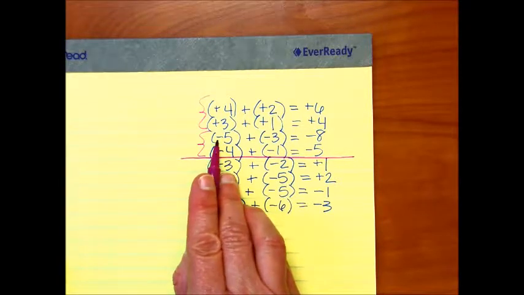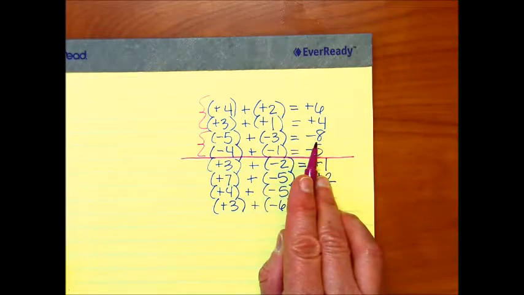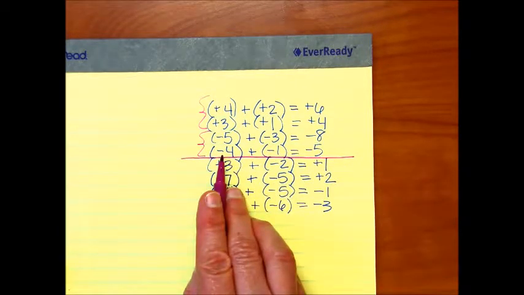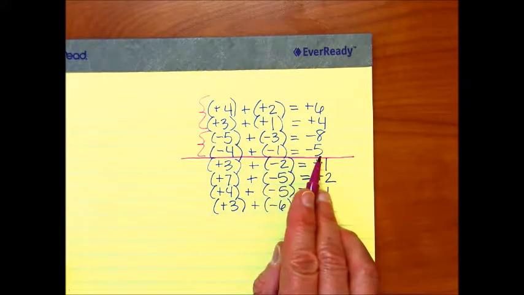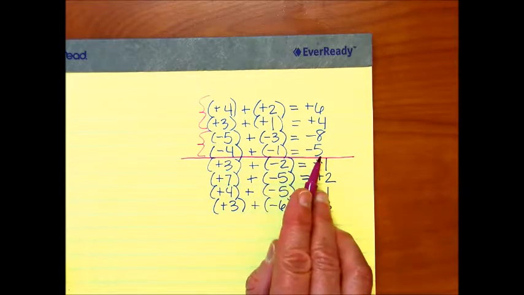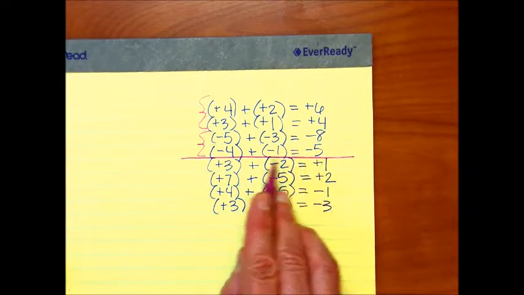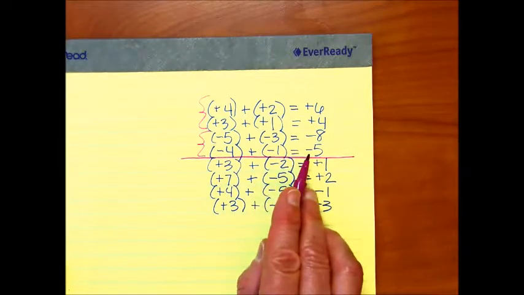I have a negative in both of the numbers I'm combining, and my answer is also going to be negative. This is true for the second example. Negative 4 plus negative 1 gives us negative 5. 4 plus 1 is 5. Negative is in the answer.